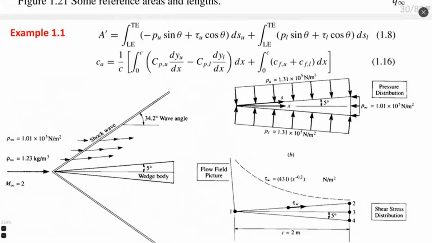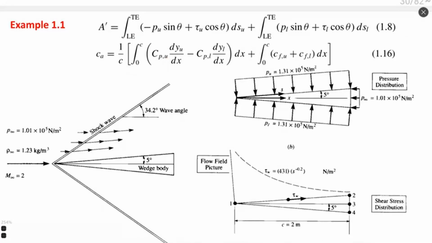You remember, I hope, this is an example where we had to calculate axial force and force coefficient. Pressure is quite simple to calculate. It's constant everywhere. But shear stress is very difficult to analyze because it is a nonlinear function that can be obtained experimentally or numerically, but almost never analytically.